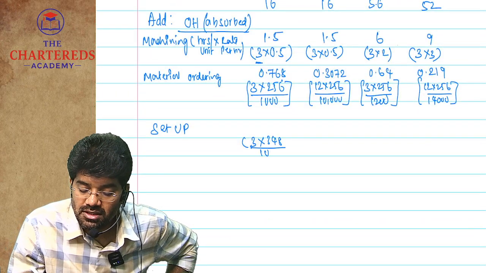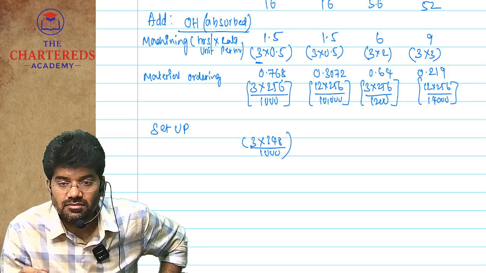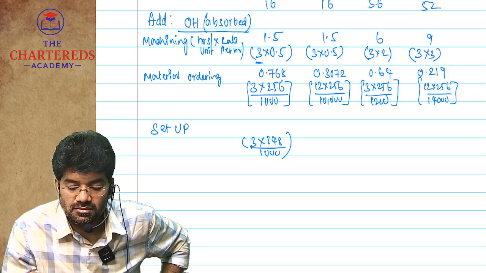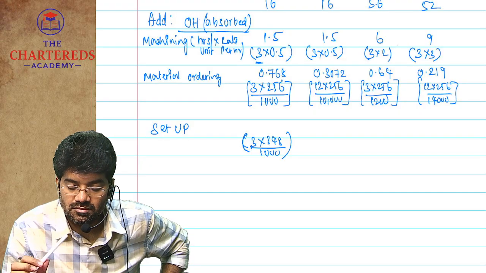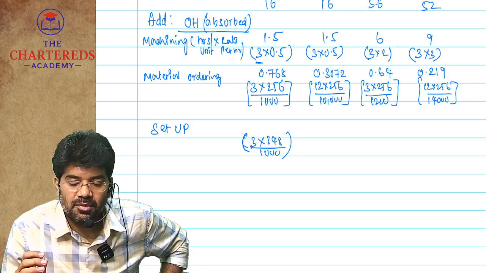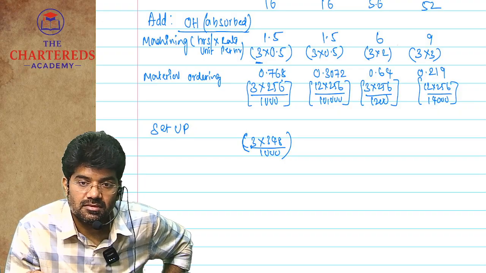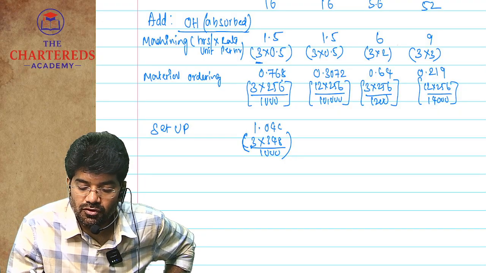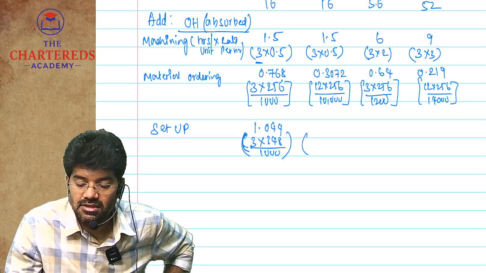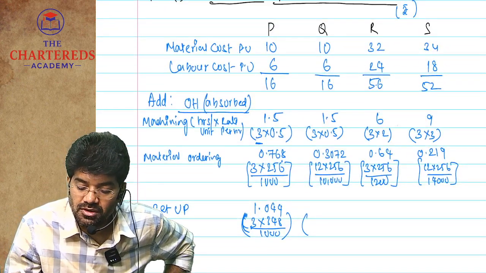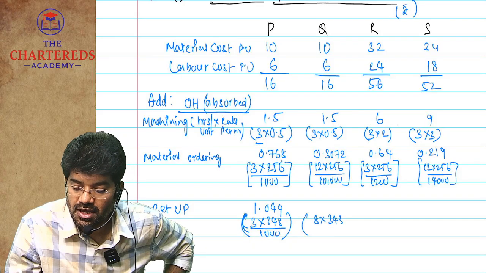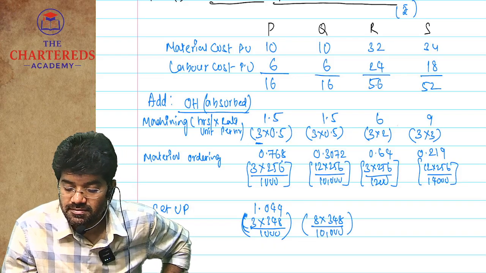Divide, that is for how many units? 1,000 units. 1.044. Okay. Next, 18 setups are required for Q for the budgeted amount. 18 into rate is 348 divided by, that is for 10,000 units.